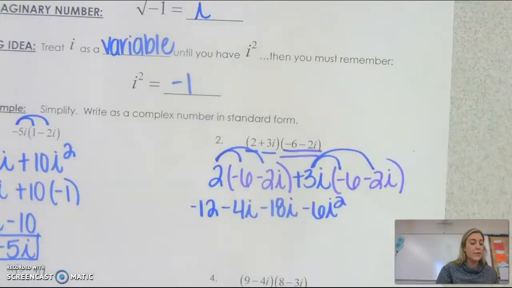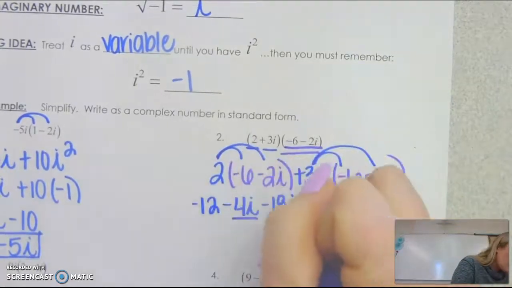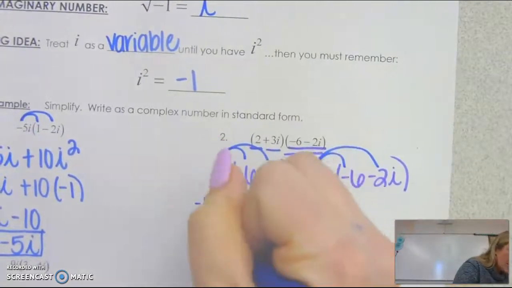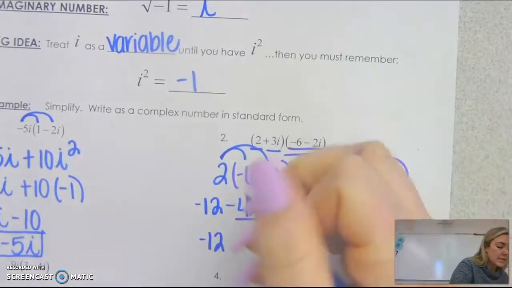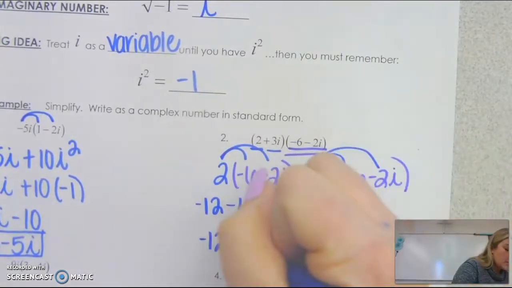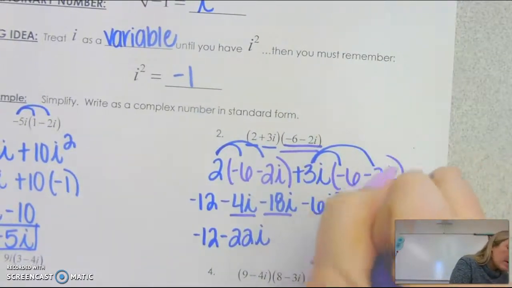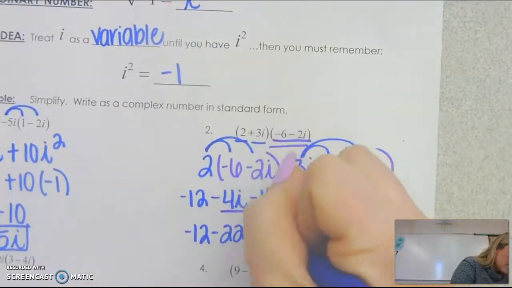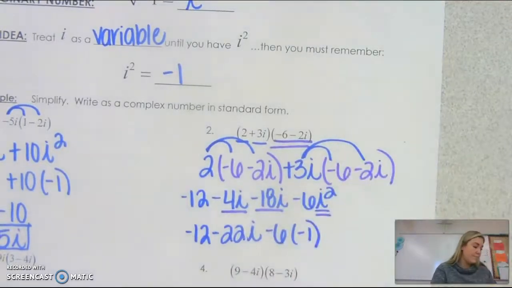Now the next thing I'm going to do is simplify and combine like terms. My like terms here are -4i and -18i. So I'm going to rewrite that as -12, and -4 minus 18 is -22i. And then this i squared is going to turn into -1. So I have -6 times -1.